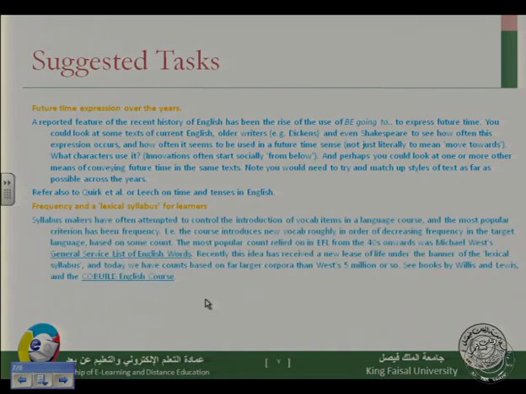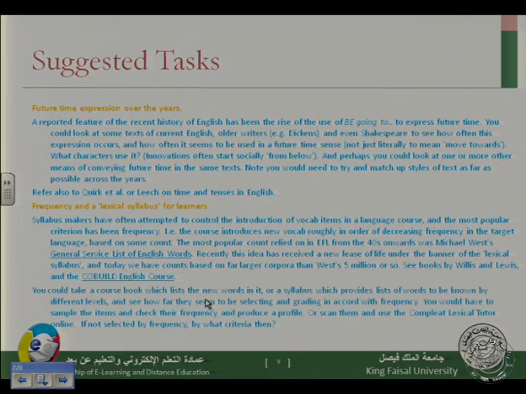So syllabus makers have often attempted to control the introduction of vocabulary items in a language course, and the most popular criterion is frequency. So the criterion to select words to be included for teaching or in a textbook is frequency, and the best way to check frequency is a corpus, and this is the most professional way to do it.